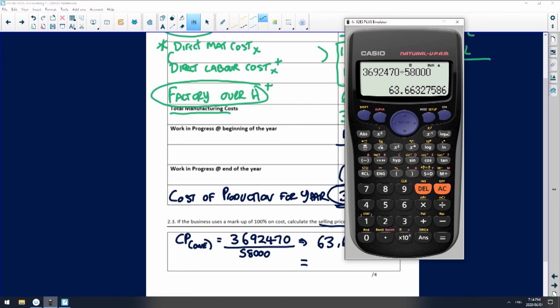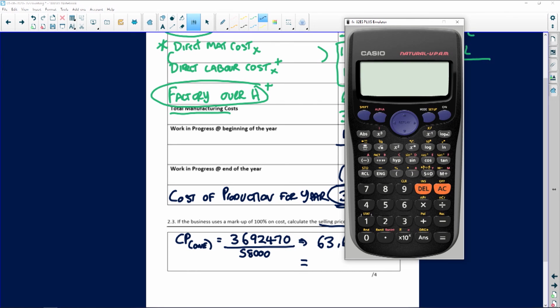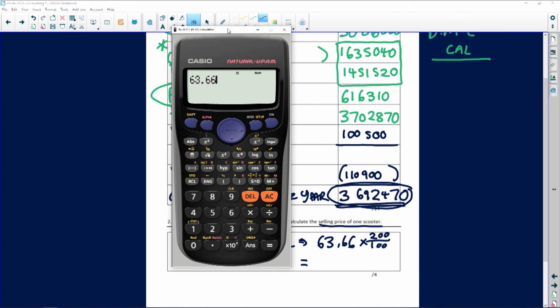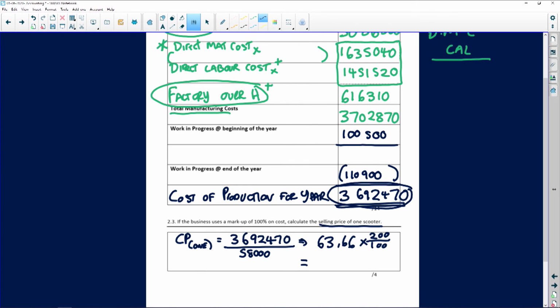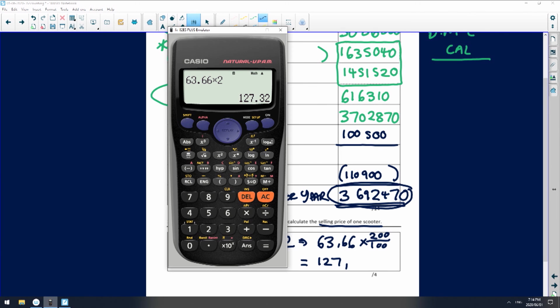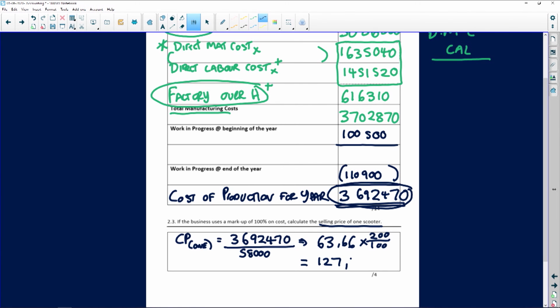So 63 Rand 66 cents is my cost price, times that by 2, and one scooter will be sold for 127 Rand 32 cents. And that was for 4 marks, so not difficult.